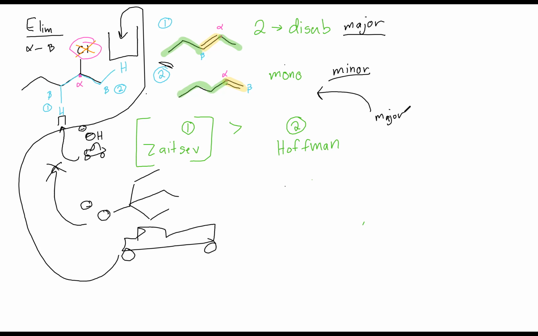Does that make sense so far? So small bases will make the Zaitsev product. Big and bulky bases will make the Hofmann product. Okay? And so that is why it depends on which kind of base you use in order to select which region you'll remove a hydrogen from, which makes these reactions regioselective.